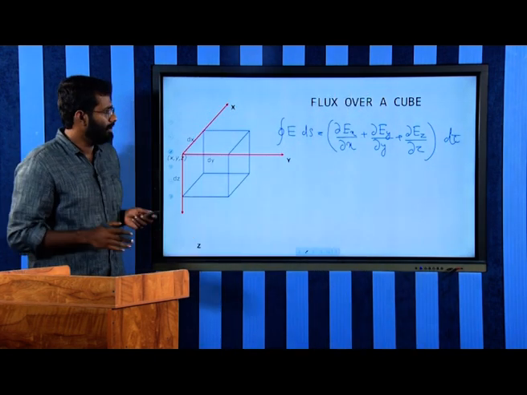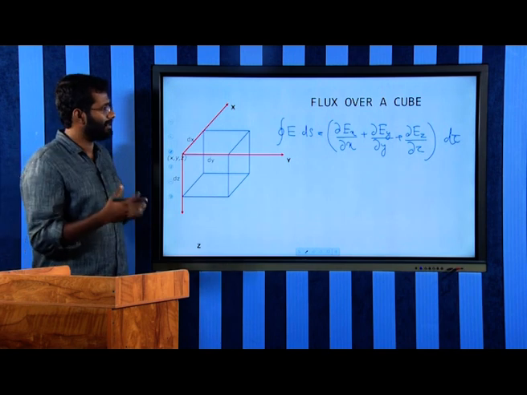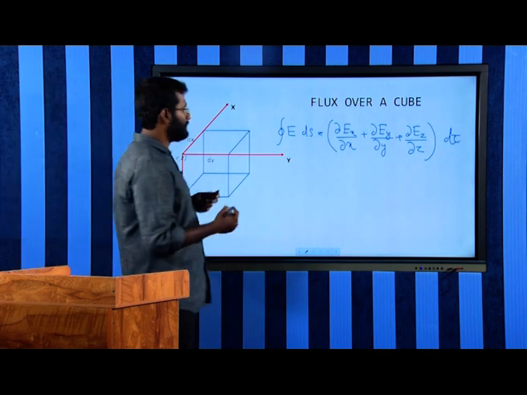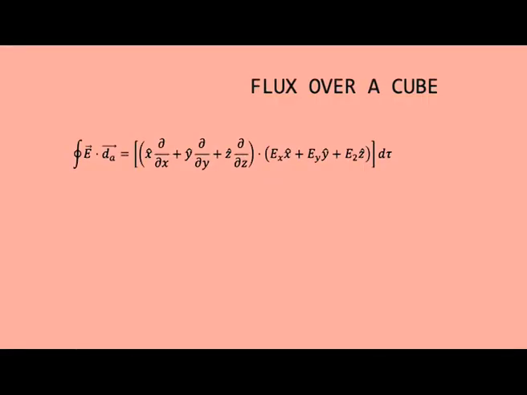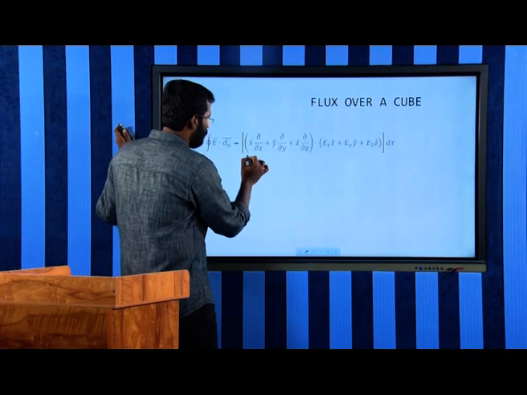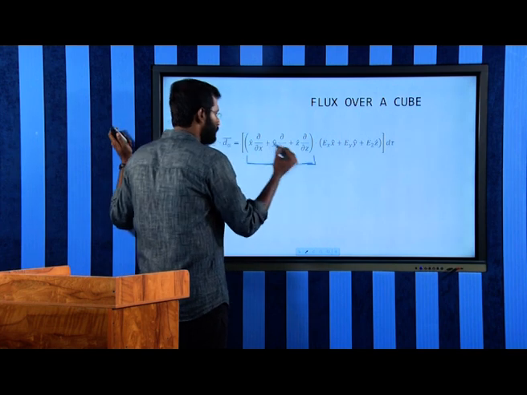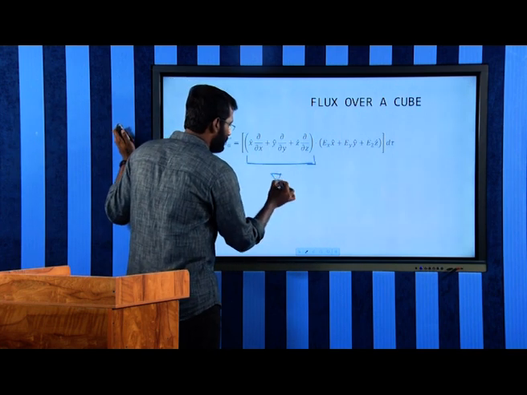Okay, that is it. Now, we are going to represent it in a different way, that is, we are introducing a new operator. We are writing it in this way. This is an operator, we will see what it is later, and we call it a del operator.